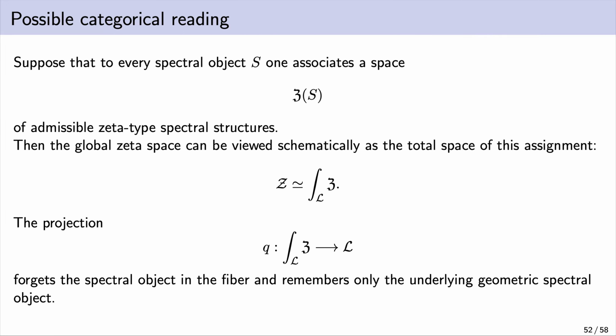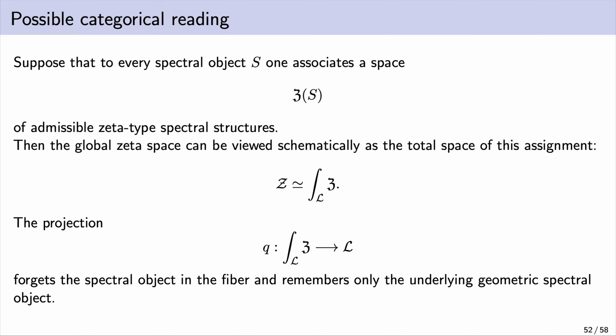And there's a possible categorical reading. If we associate to each spectral object S a space, then we can try to view the global zeta space as the total space of this following assignment.